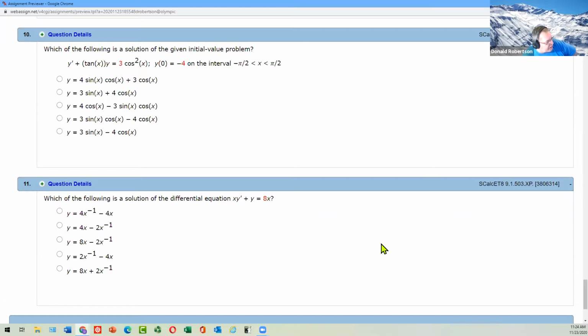Now, it's asking you which of the following is a solution of this differential equation, which is this guy here, right? Now, the interesting thing about it is that there might be two answers, or there might only be one.